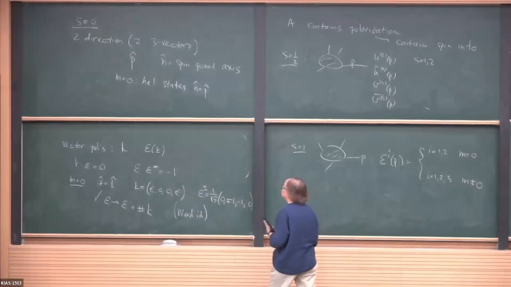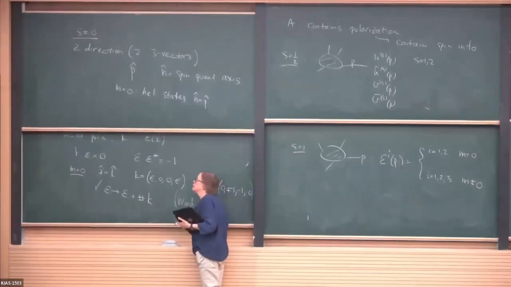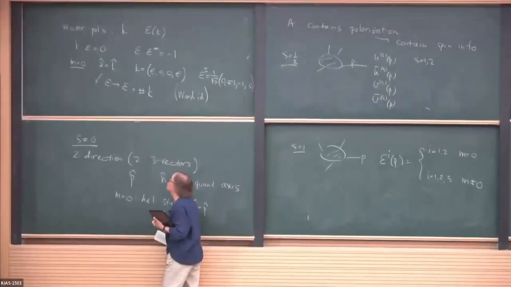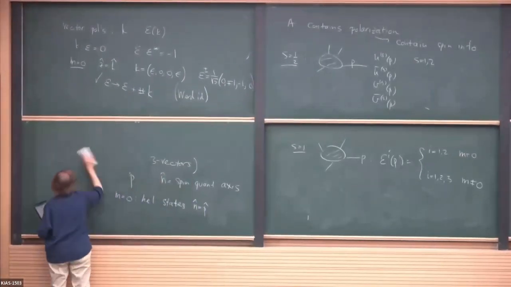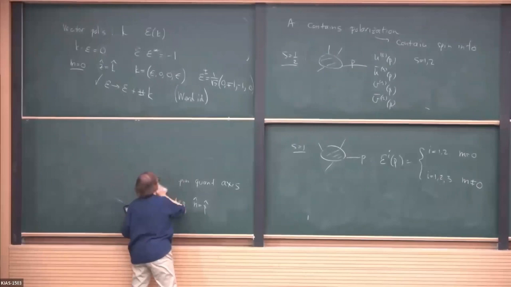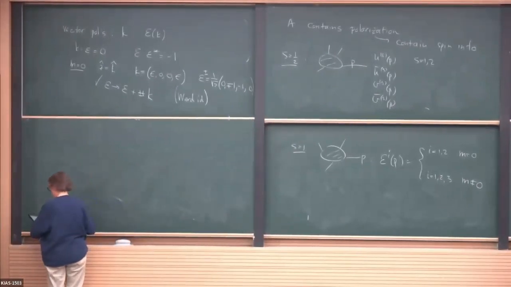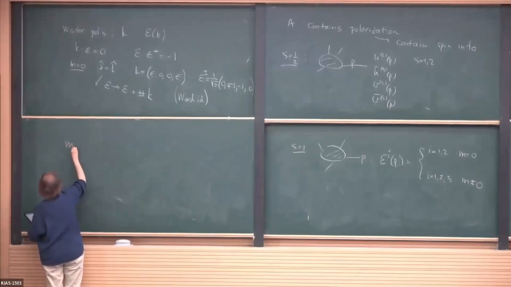Now, if we instead talk about massive polarization, so suppose we now have m that is non-zero.